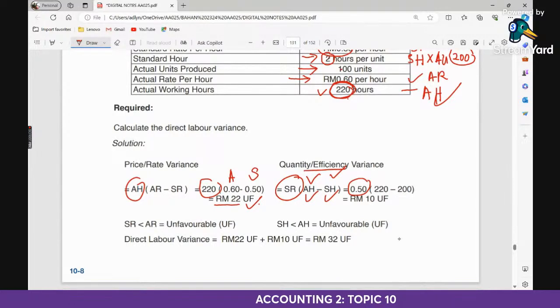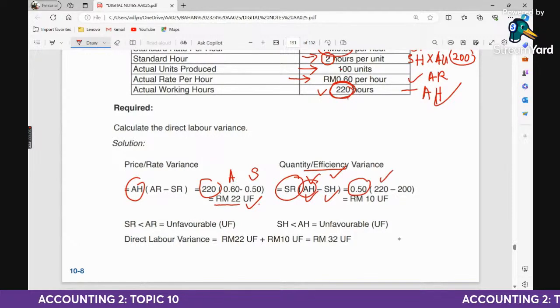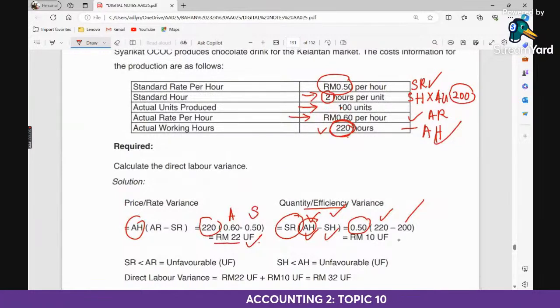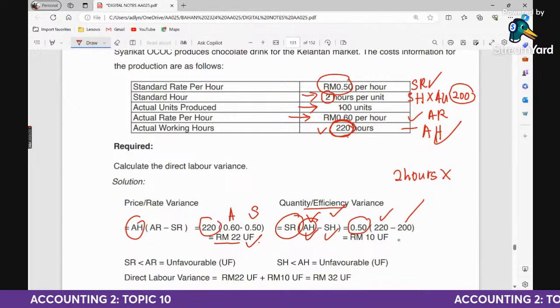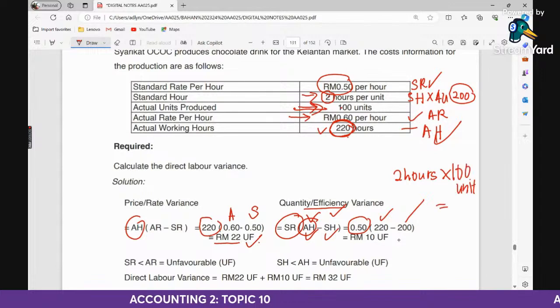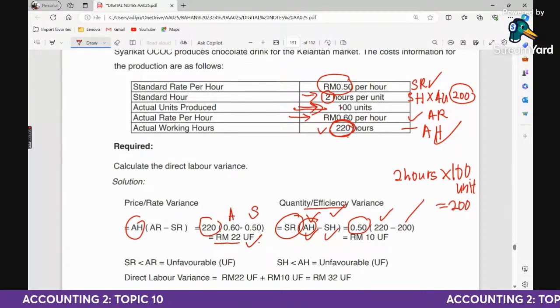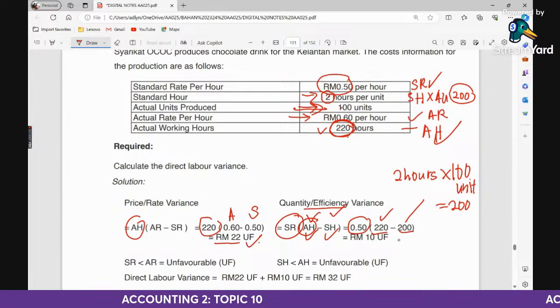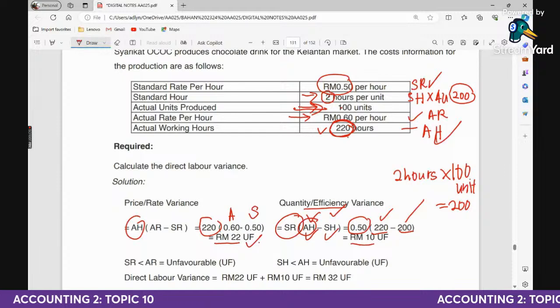So AH ialah 220. Okay, macam mana dapat SH? SH ni ialah 2 jam, 2 hours. Okay, darab dengan actual unit produce, which is 100 units. So saya nilai dia 200 jam. Okay, so that's how I get 220 minus 200. Okay, so saya dapat RM10. Favorable atau unfavorable?